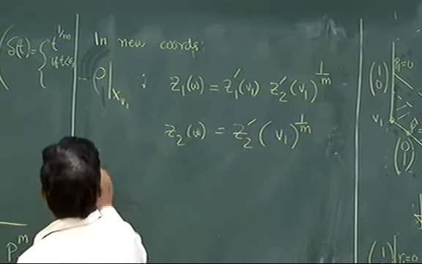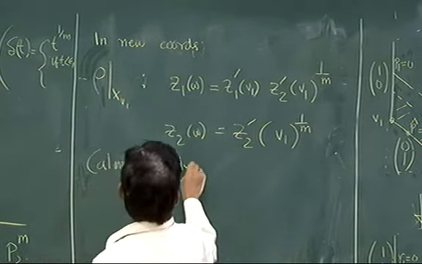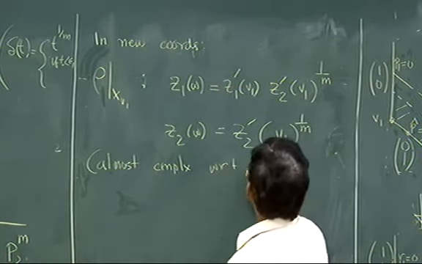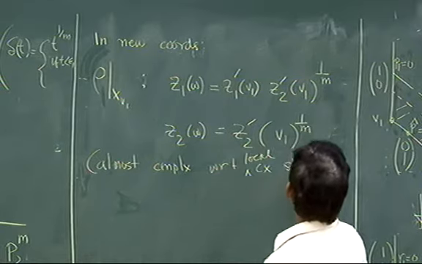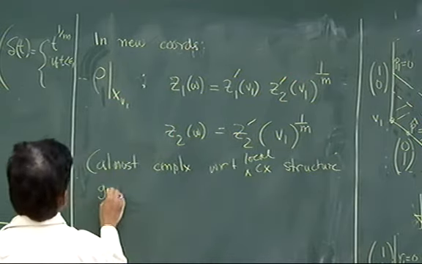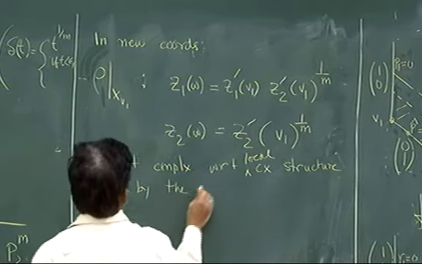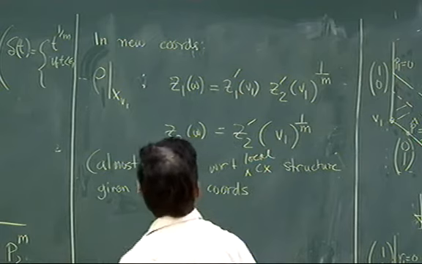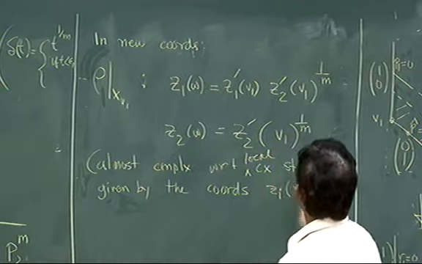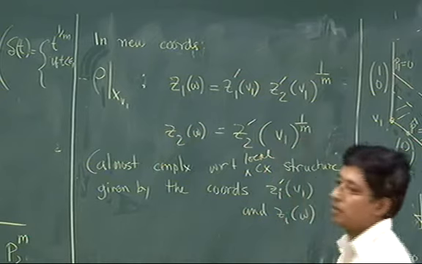So this is almost complex with respect to the local complex structure given by the coordinates Zi(V1) prime and Zi(W), right?